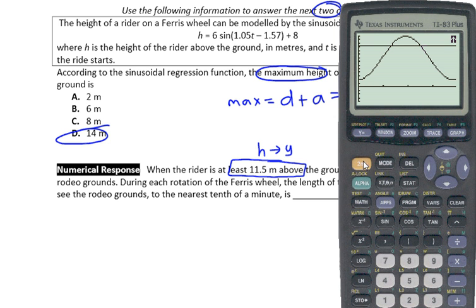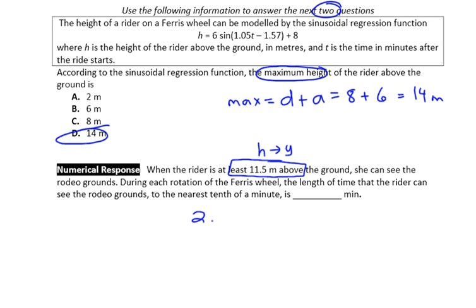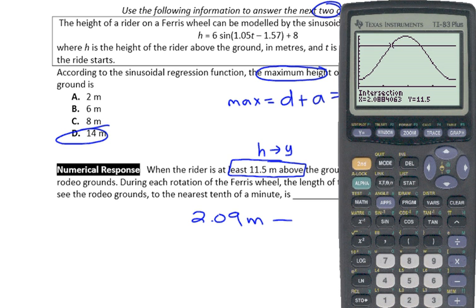So second trace, 5. Go to the first guy. 1, 2, 3. So 2.09 minutes. To find our other one, go over. Takes a moment. Okay, close enough.